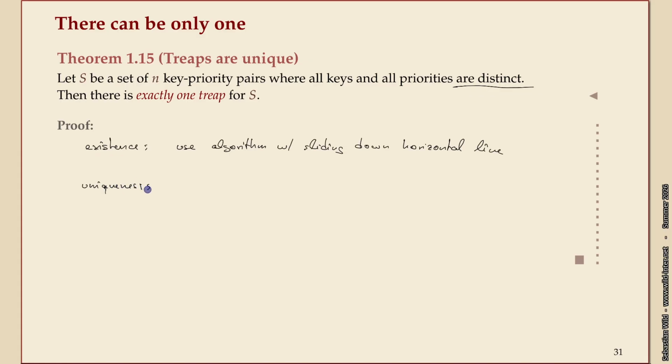For the uniqueness, you want to do an induction over the number of points. So if I have a single point, well, there's only one tree that I can build with this. If I have more than a single point, by distinctness of the priorities, I have to have one minimum priority. That becomes the root, and then I recurse. So that's the smallest priority.